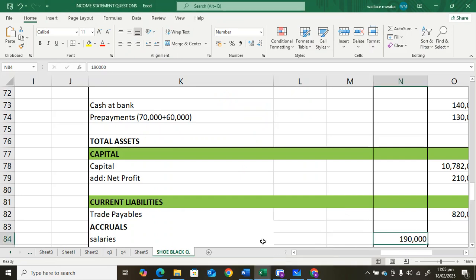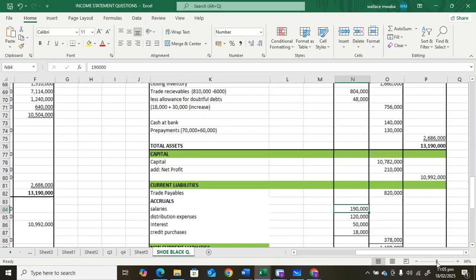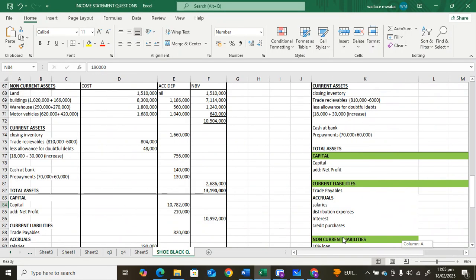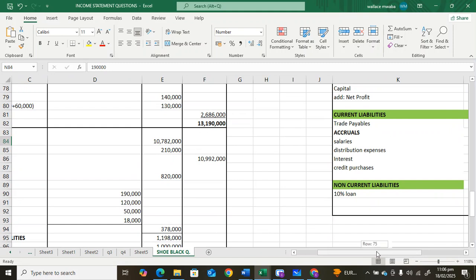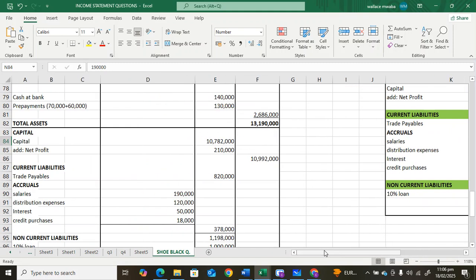On the statement of profit or loss, the prepayment you subtract. Since you've paid for something in advance, from the total expense, you deduct what you've paid already in advance.